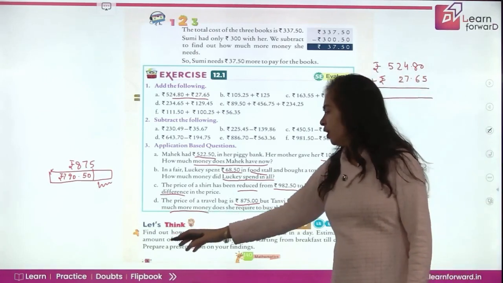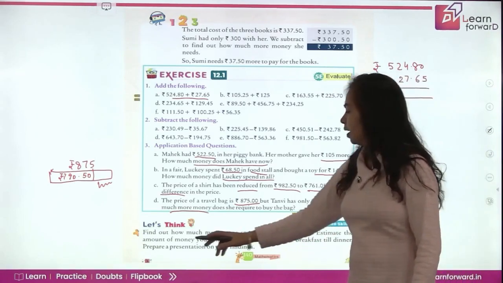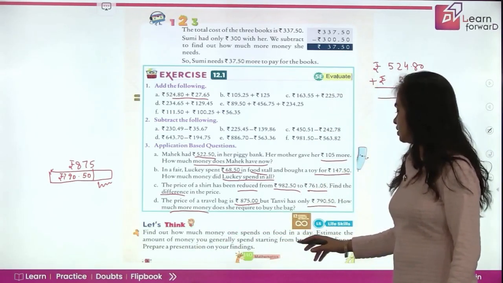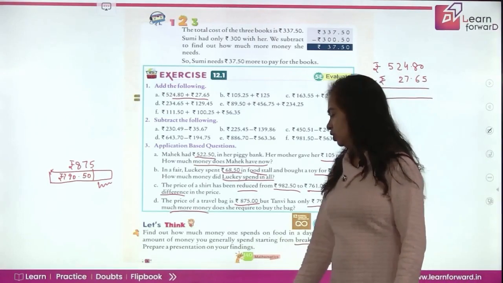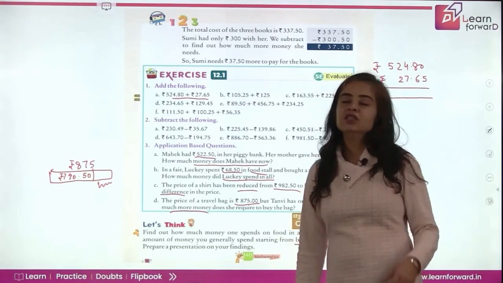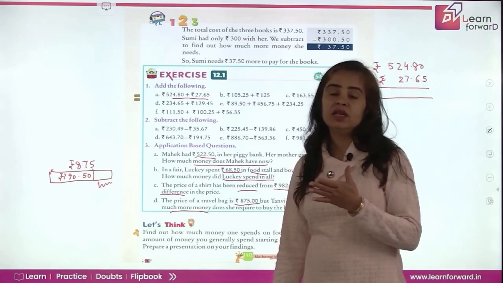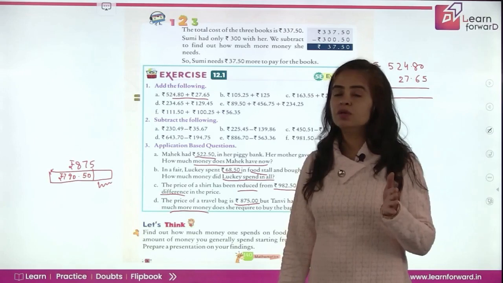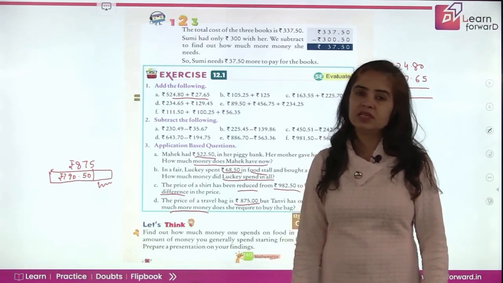Now let's find out how much money one spends on food in a day. Estimate the amount of money you generally spend starting from breakfast till dinner and prepare a presentation on your findings. You take different meals in a day, then you take snacks also, and so many things that you have to buy to eat in a day.